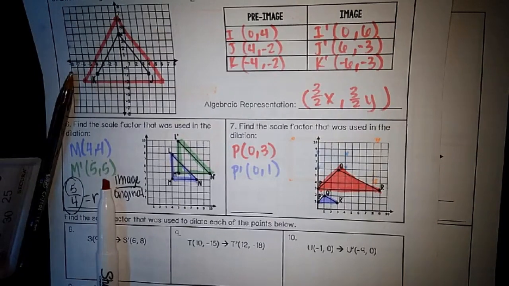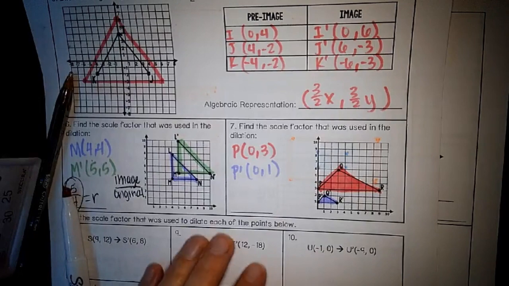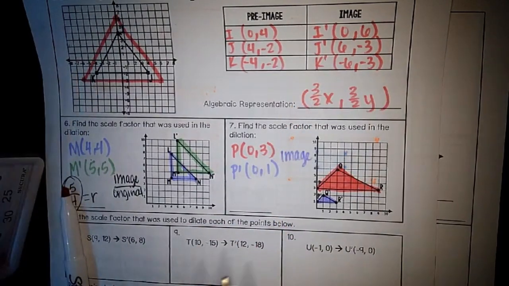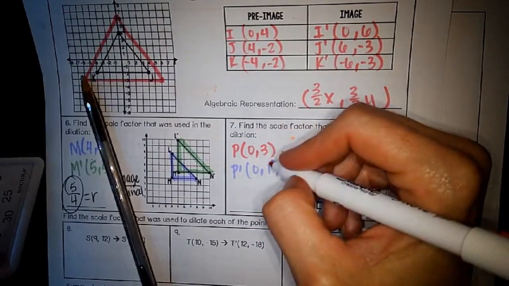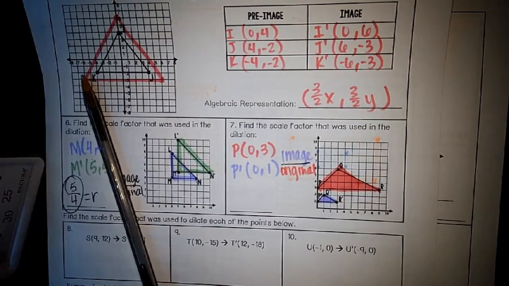We should take the image over the what? Over the original. And we're going to take the y coordinate at the moment. So what's our image? 1. What is our original? 3. Is that a fraction? Then this is your scale factor.